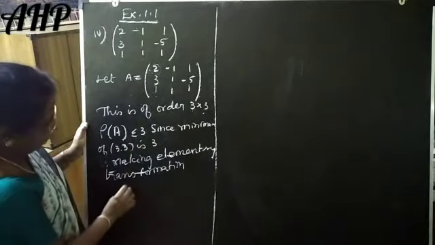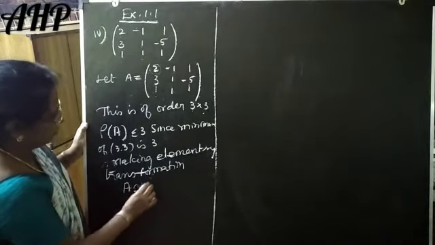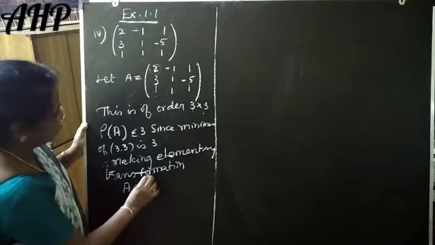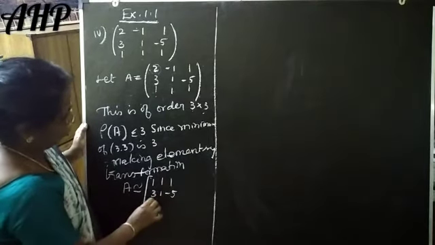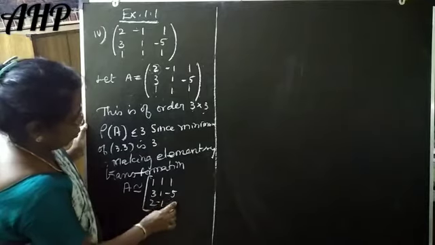After elementary transformation, we will not be writing A is equal to, we will be writing A is equivalent to. See, we can take R3 to R1 and R1 to R3. So first row will be 1, 1, 1, 3, 1, minus 5, 2, minus 1, 1.